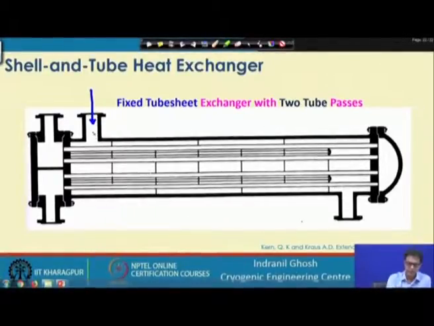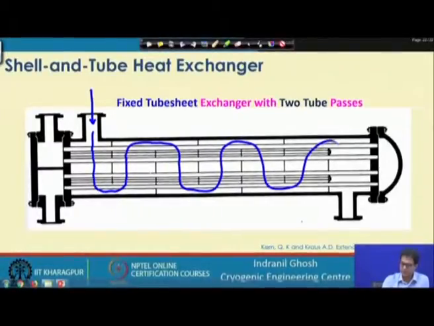So, the fluid will come like this, then it will be flowing on top of the tubes, and then again it will come like this, and then finally it will exit from this end. So, here we have the baffles. These baffles will not allow the continuous flow of the fluid along the tube length. So, it will make the flow follow this particular zigzag path, and it will finally come out.